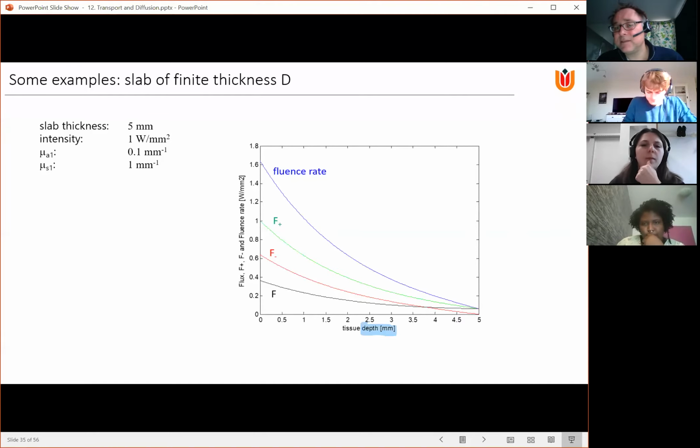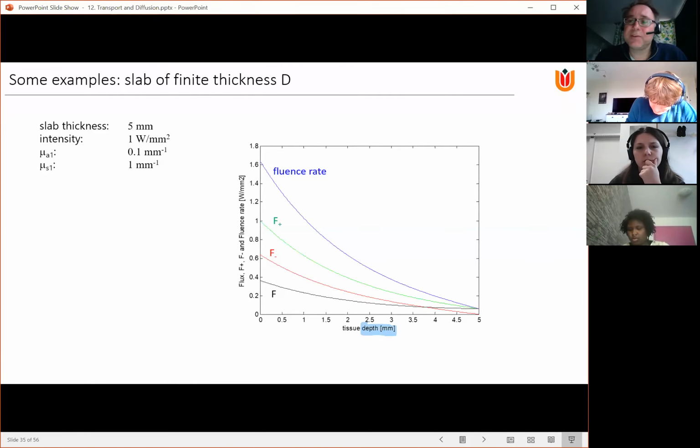So that means that in this case, the amount of power that's being absorbed just below the surface is more than what I would expect based on what I put in.